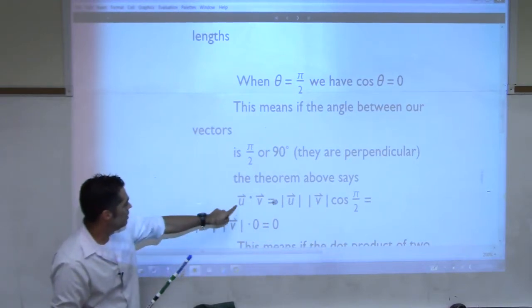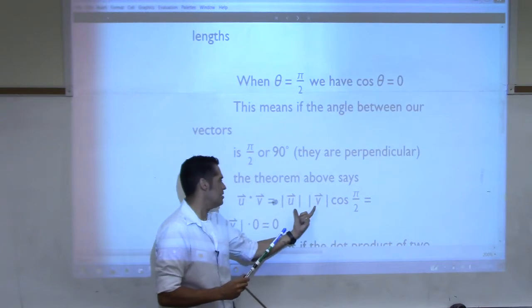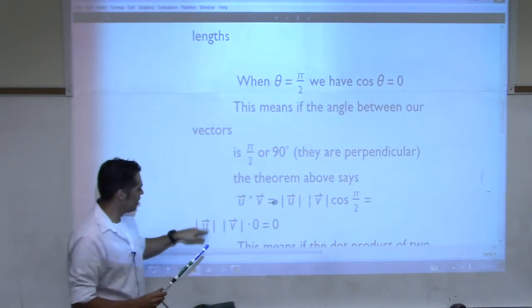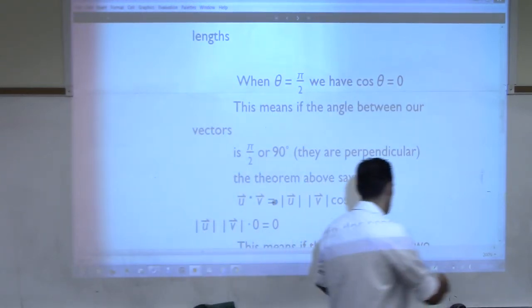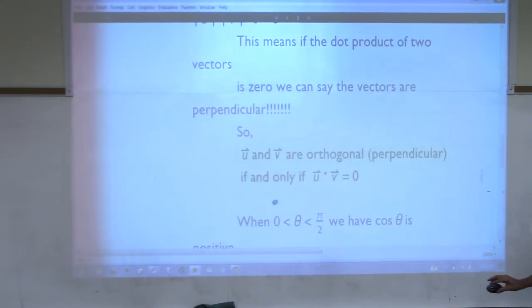According to this formula, u dot v should be the length of u times the length of v. Now these are not 0, but cosine of pi over 2 is. And so regardless of these, you get 0, don't you? Yes. And that actually gives us a theorem, which I've got highlighted right here.